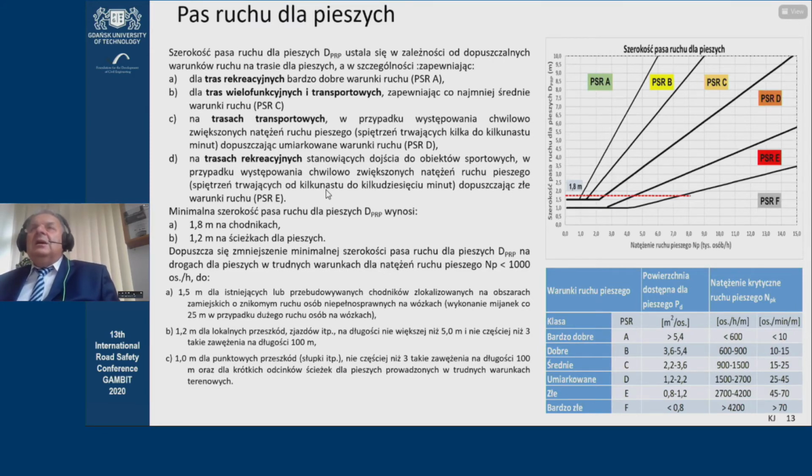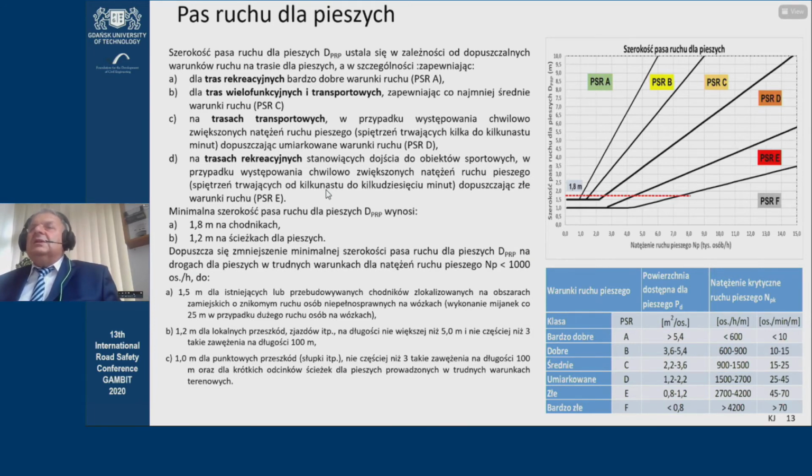People should be free to walk. This is level A. For multifunction and transport, it should be B or C. For transportations where there could be temporary jams, we can allow D, and in recreational, which connect to sports facilities such as stadiums, we introduce E class.